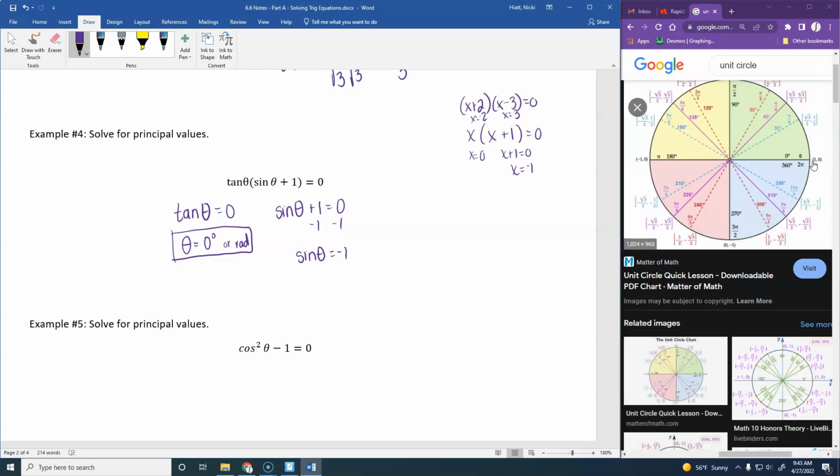And then on our unit circle, Summer, where does sine theta equal negative 1 on the unit circle?